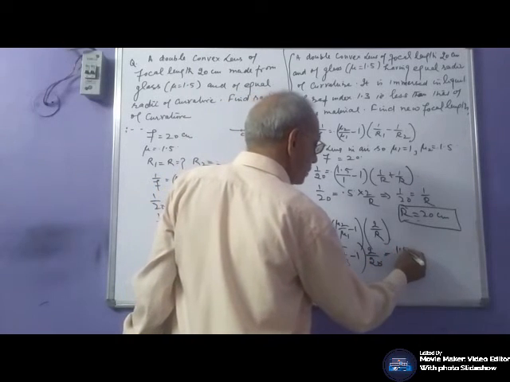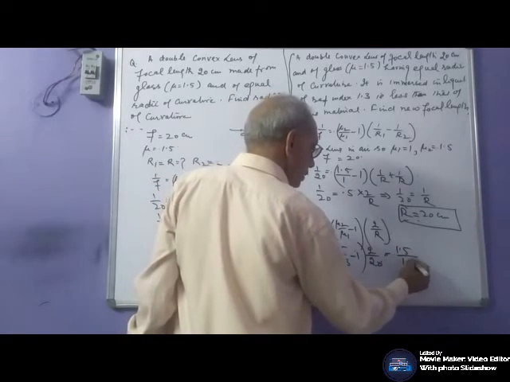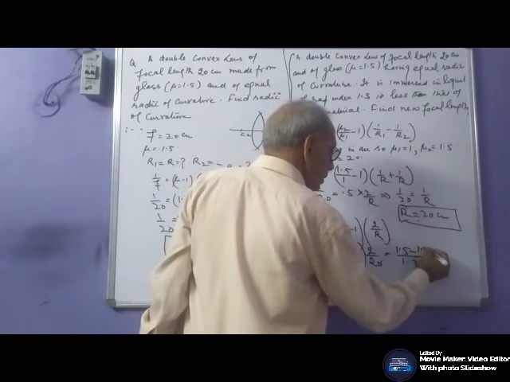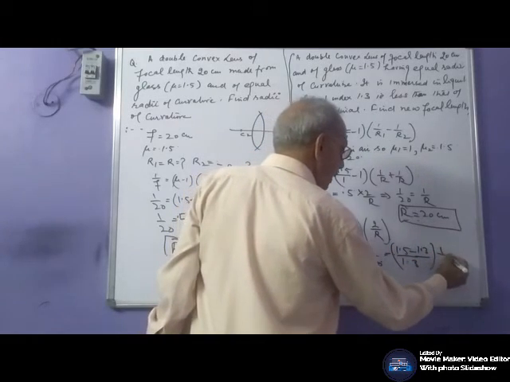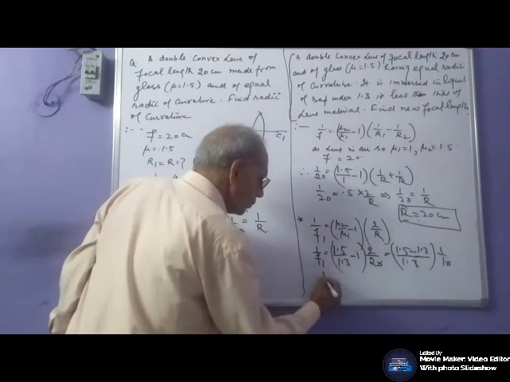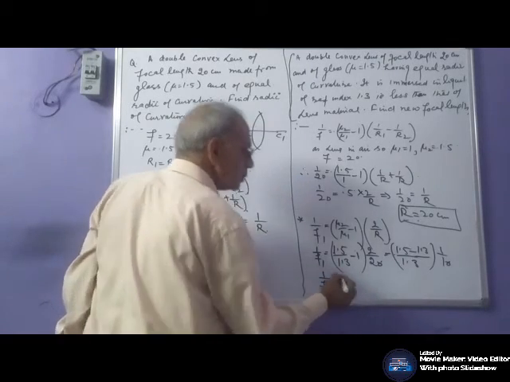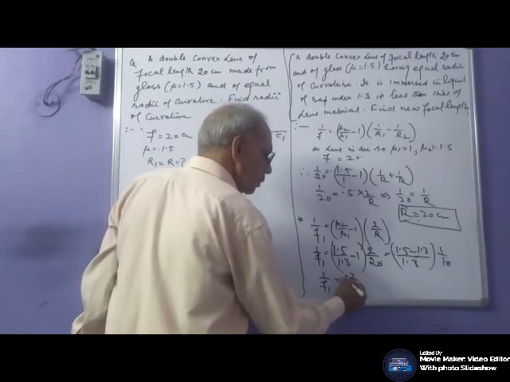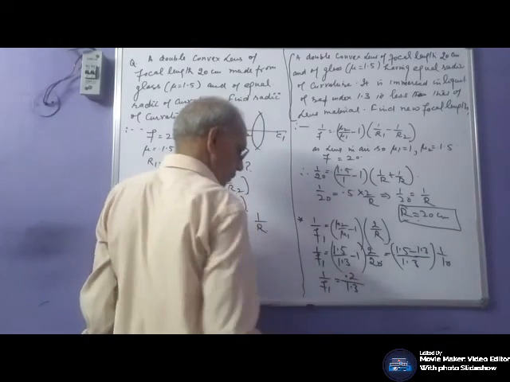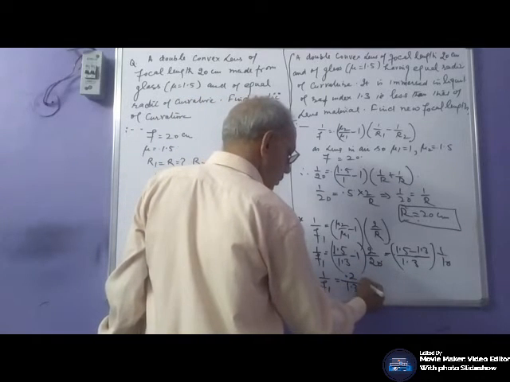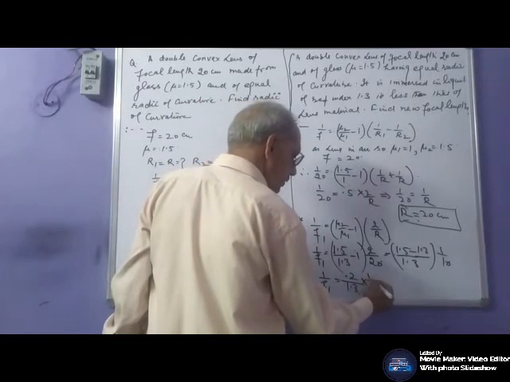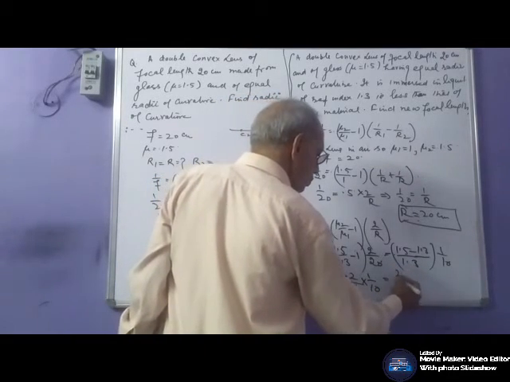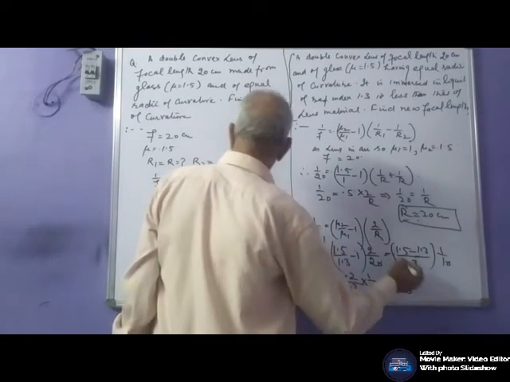It is 1.5 by 1.3, 1.3 is LCM, into 1 by 10. 1 by f1 is 0.2 by 1.3 into 1 by 10, it comes out to be 2 by 130.